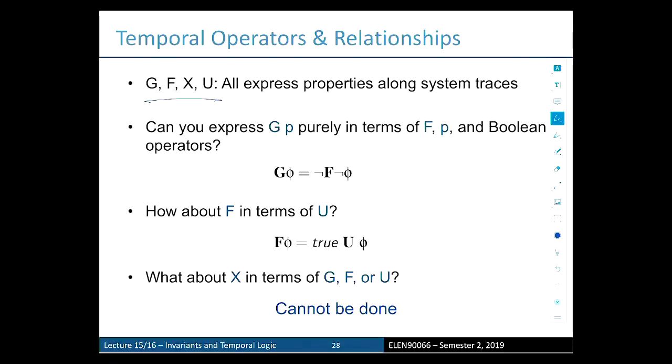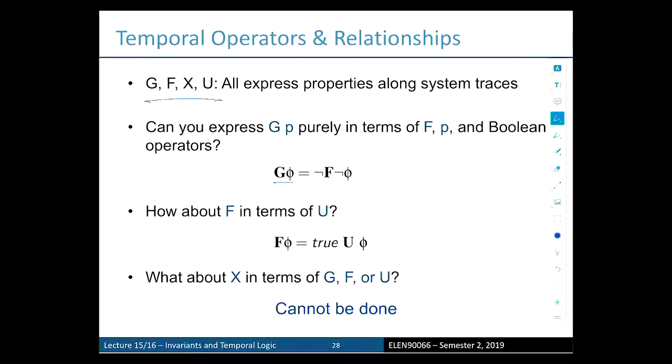Sorry. And sometimes we can express them in their equivalent formulations as well. So if I want to, for example, say always phi, it is equivalent to saying never, eventually, phi doesn't happen. So there is no trace in which phi doesn't happen.